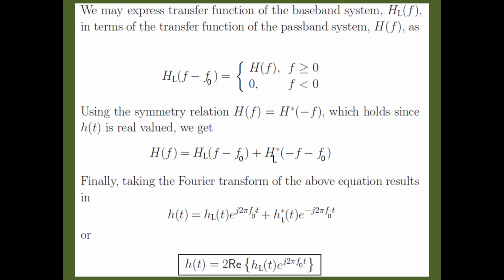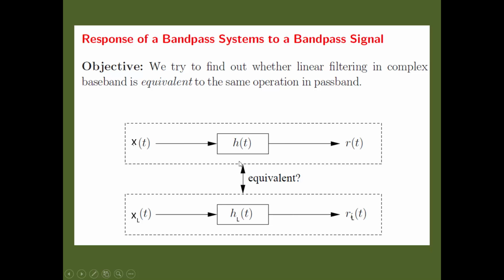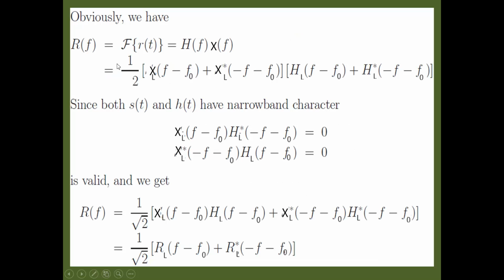I have just explained that the transfer function of the band pass system can be expressed in terms of the transfer function of the baseband system. So I'm using the same formula here, substituting HF with HL F minus F naught plus H conjugate L minus F minus F naught.